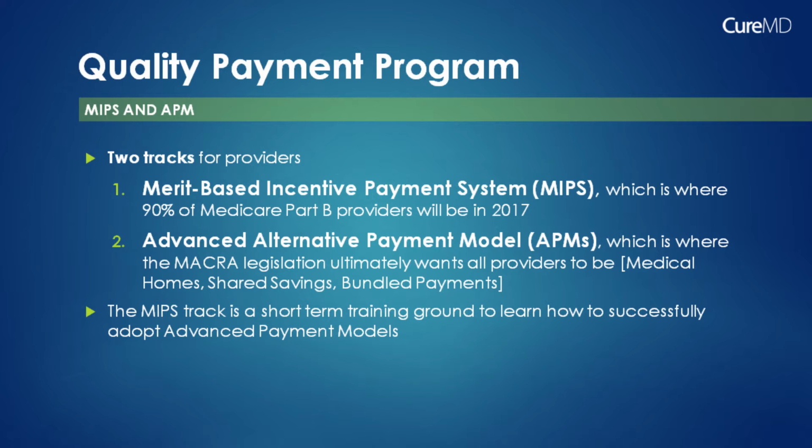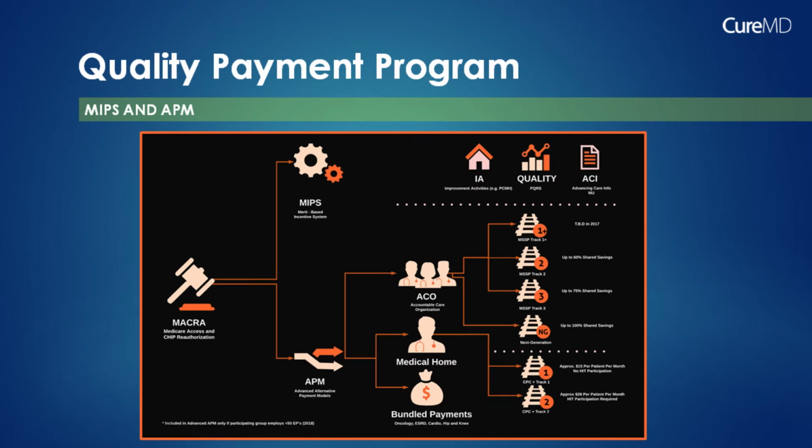So they've made MIPS such that if you succeed at MIPS, you succeed in most of the requirements within an alternative payment model or advanced alternative payment model. And since an advanced alternative payment model has, in the longer term, a much better financial return, they expect that practices would automatically switch over and leave the MIPS or fee-for-service schedule behind.